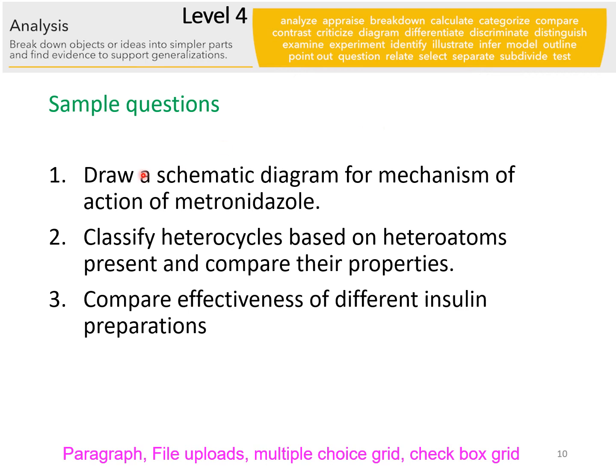So we can ask them questions like, draw a schematic diagram for the mechanism of action of any particular drug. So ideally they should know this drug is given by which route and then to which organ it is targeted, and then it interacts with, say, which receptor, or it binds to which particular ligand, then there is secretion of, say, a particular enzyme, or it is activated or it is releasing some hormone.